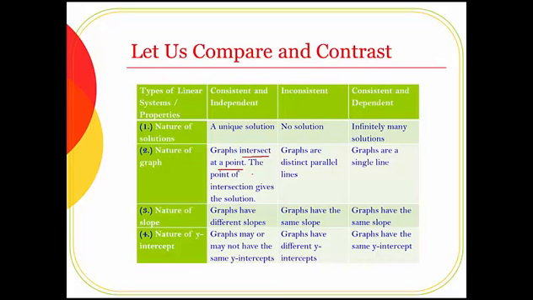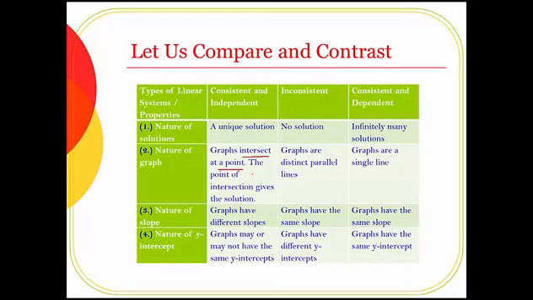For inconsistent systems, the graphs are parallel lines. As you can recall from the definition of parallelism, parallel lines are lines that do not meet. No matter how you extend them, no matter how you stretch them, the lines will not meet.